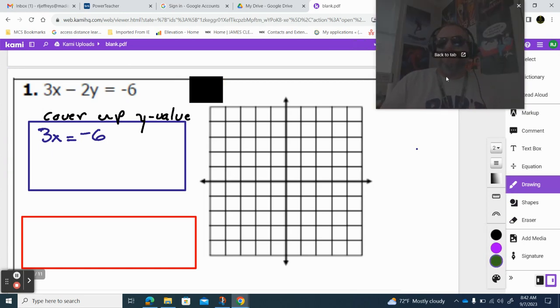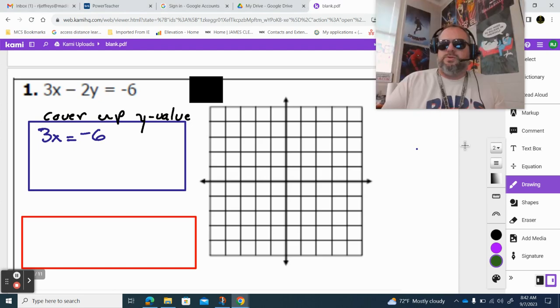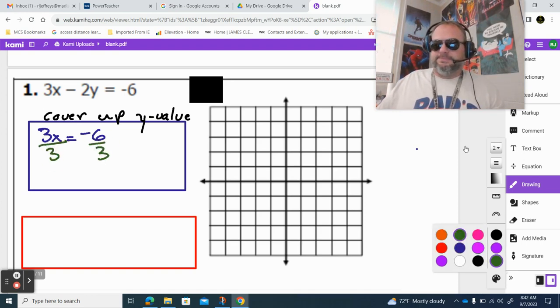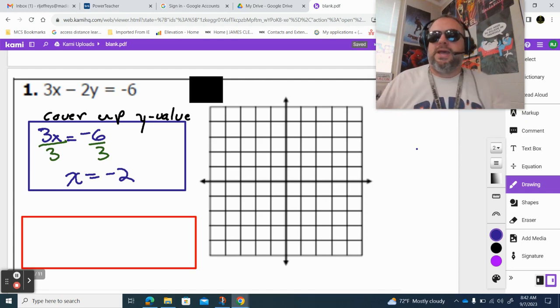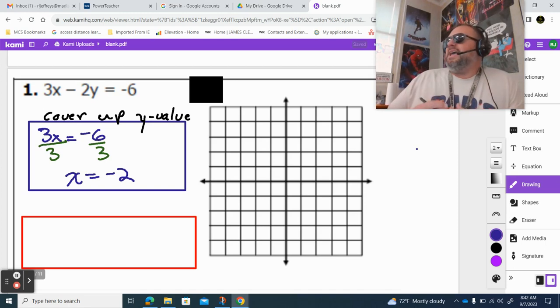All right. So now this may be hard. So, you may have to make your own checklist. What do we do here to solve this? We subtract, right? Believe it or not, we actually did have students say, yeah, we are going to subtract. But no, we're going to divide. We get x equals negative 2.